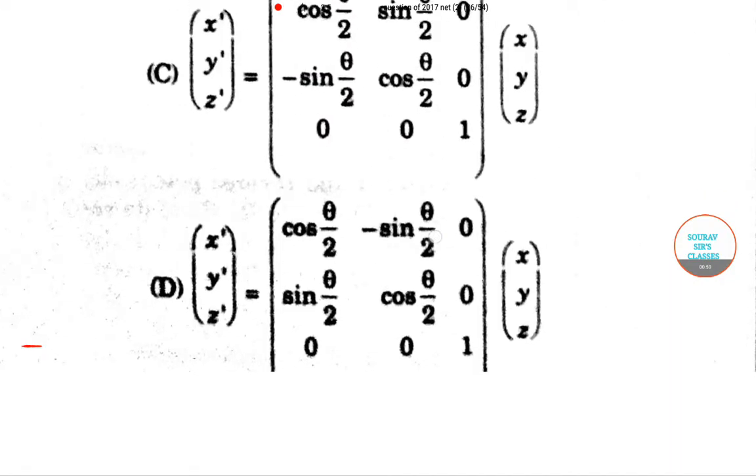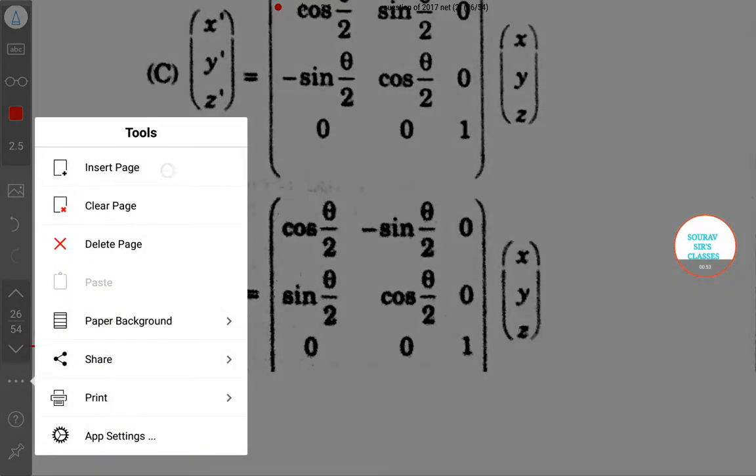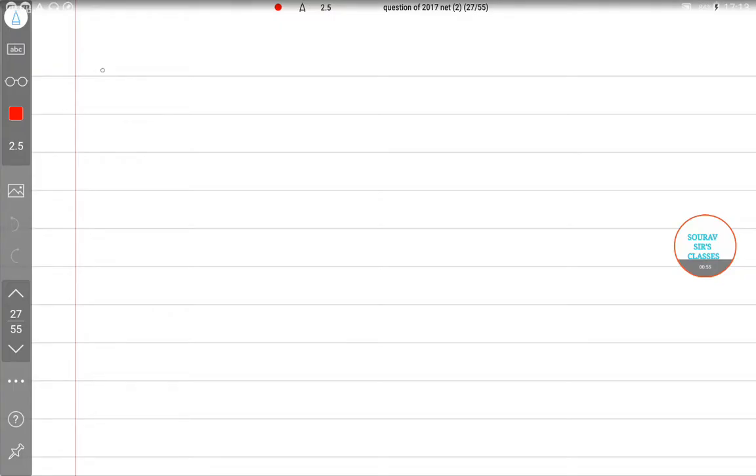So now we can write the general identity.